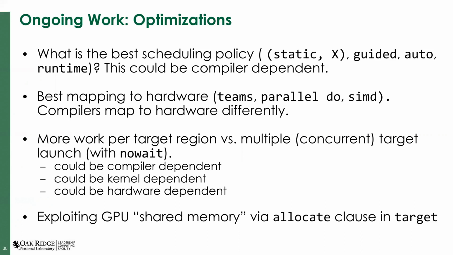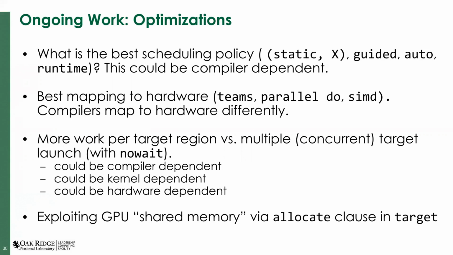And so what is the best way to actually address this is something that we continue working on. And different compilers also map to hardware differently. How teams, parallel do, and SIMD, for example, map to the underlying GPU hardware can be different for different compilers. So this is an issue that we continue to test.